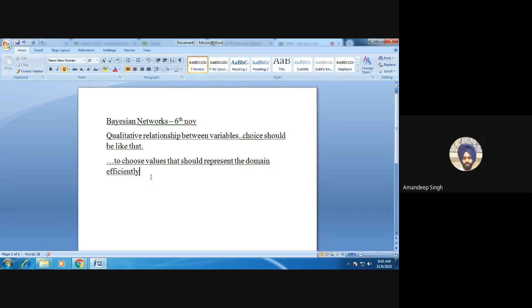So we were discussing the nodes and values, and that modeling choices are to be made effectively.